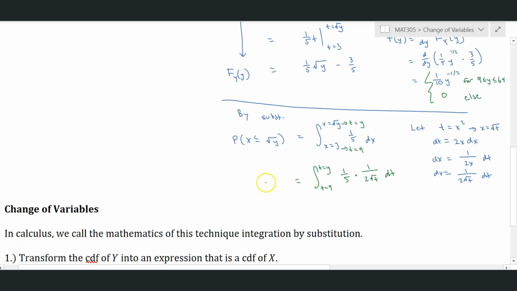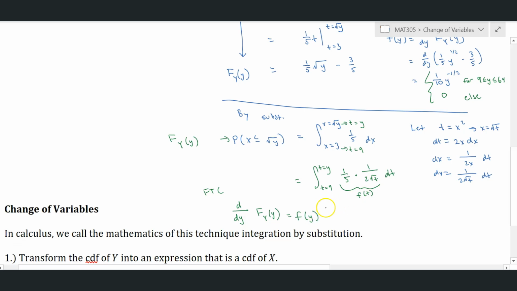By the fundamental theorem of calculus, if we take the derivative with respect to y of capital F sub Y of y, which is this thing here, well, then by the fundamental theorem of calculus, that should simply be the argument right here, which we should call f of t, produces f of y.